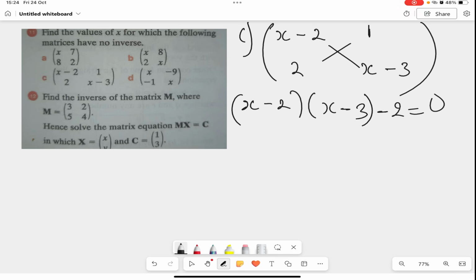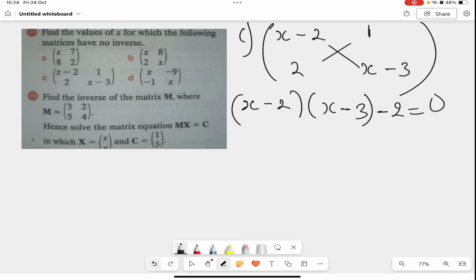Fine. So what we're going to do, we'll just expand. Yes, that's how we do it. So x times x, x times minus 3, minus 2 times x, minus 2 times minus 3. As simple as that. So we should know this.